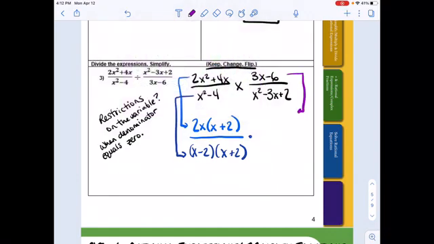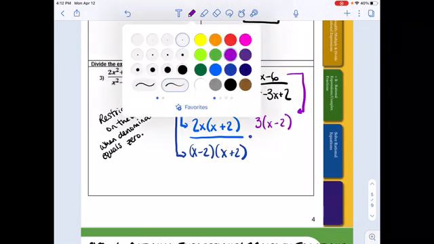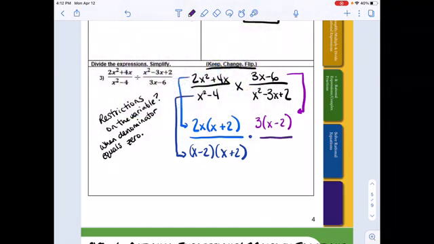The numerator on the second fraction is a greatest common factor. And the denominator is normal factoring.